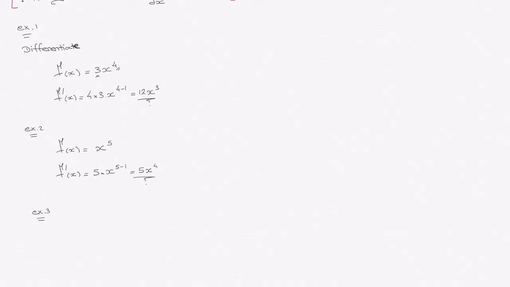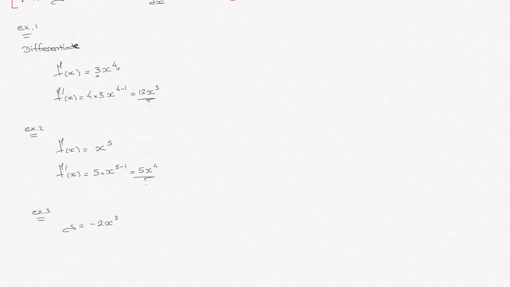Let's look at another example. Let's say we have to differentiate y equals negative 2x cubed. Well, in this case, because I'm given the equation of the function's curve, y, in other words, I can see it starts with y and not f of x, I'm going to use the y and the dy dx notation, but it makes no difference.